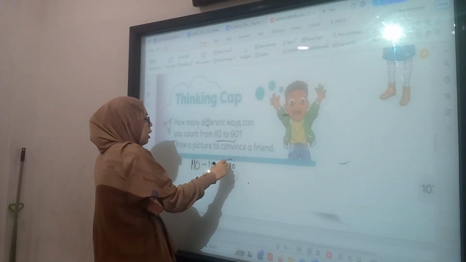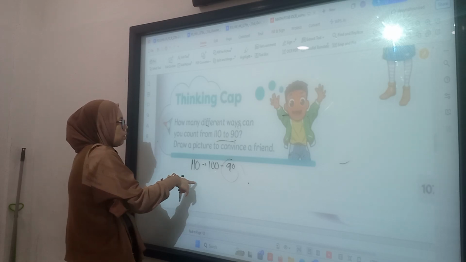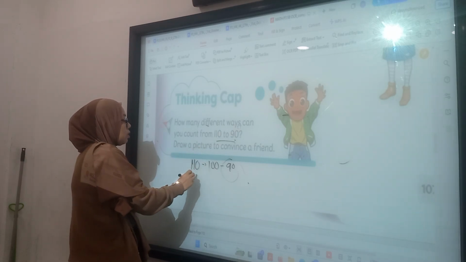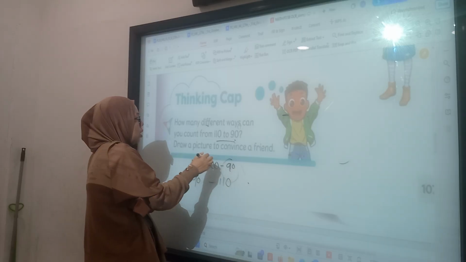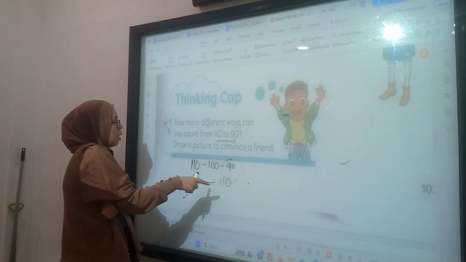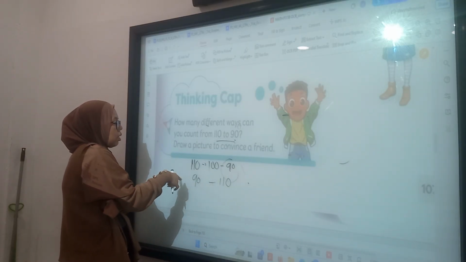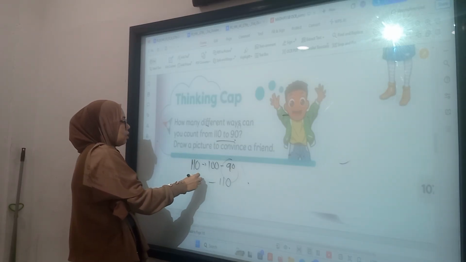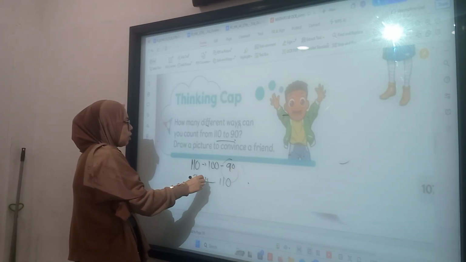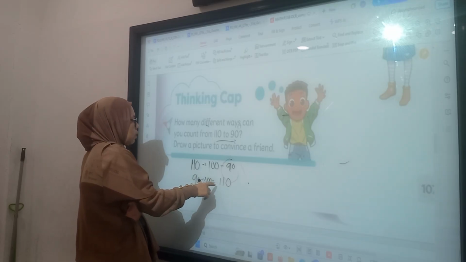And then I can also make it from 90 to 110. So it means that I have to count on. It means that I have to add in tens. So from 90 to 100 and then 110.